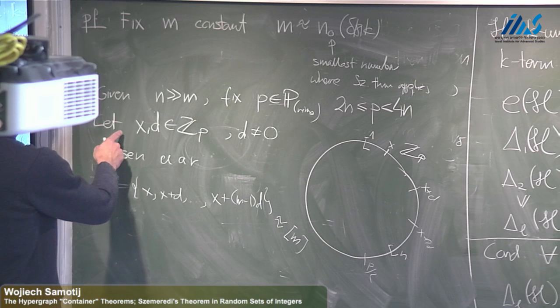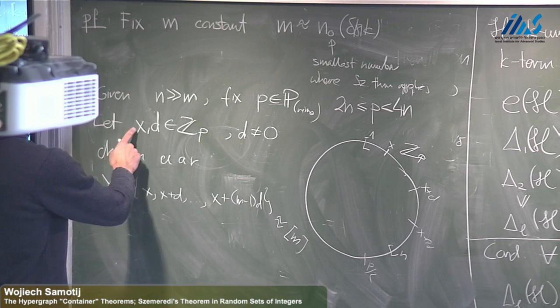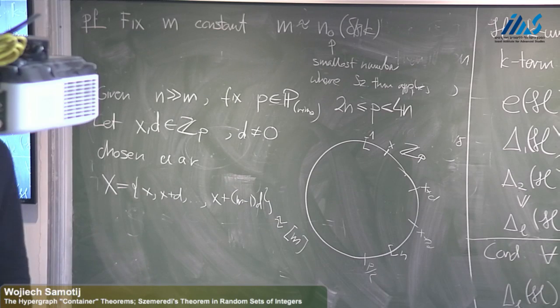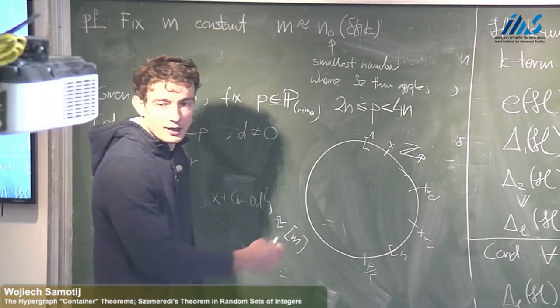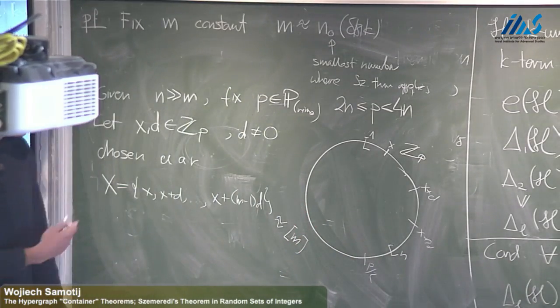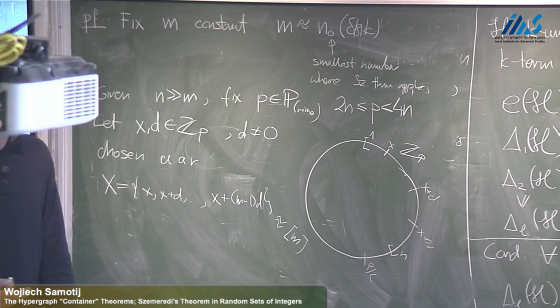And note, since the elements x and d were chosen uniformly at random, every element of Z_p is covered by the set X the same number of times.